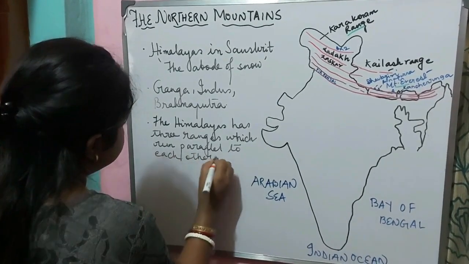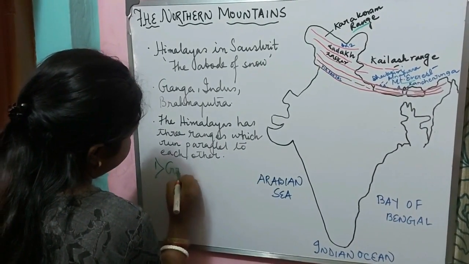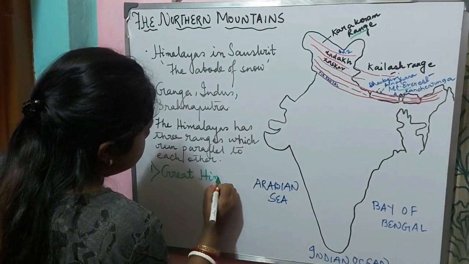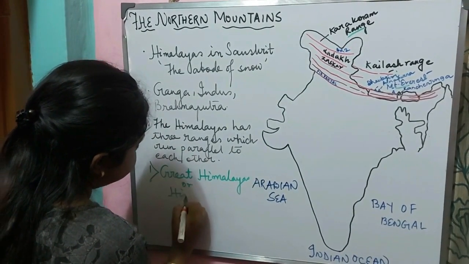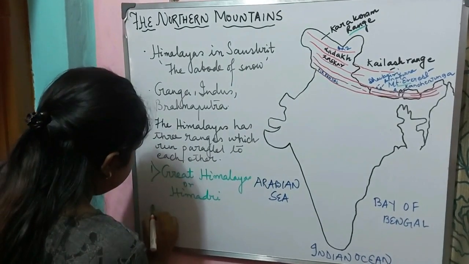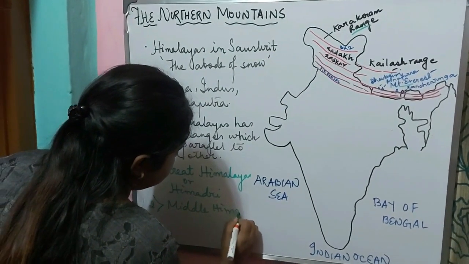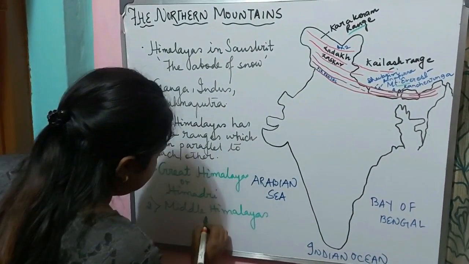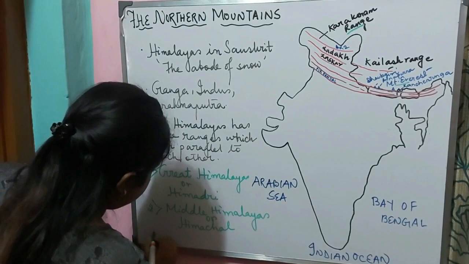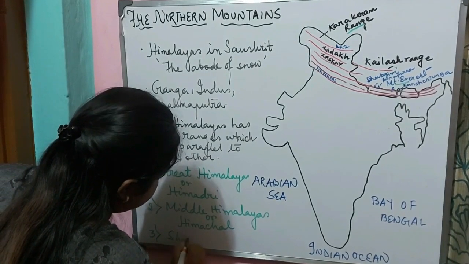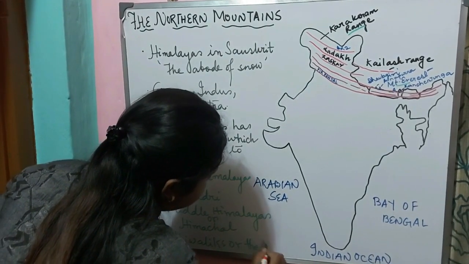What are the 3 ranges? The 3 ranges are, number 1, the Great Himalayas or Himadri. Number 2, Middle Himalayas or Himachal, and the Shiwaliks or the Outer Himalayas.